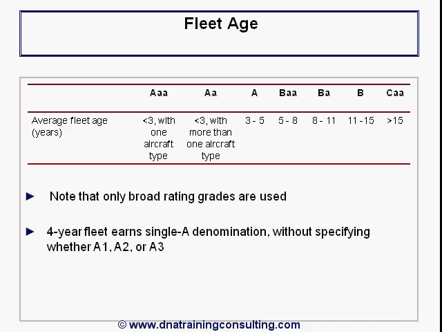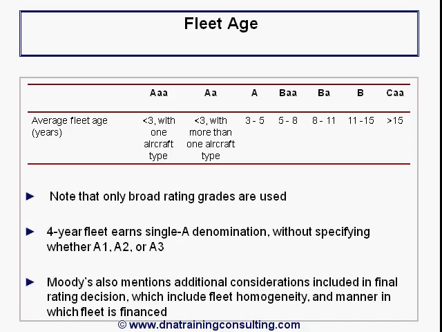Moody's also mentions with regard to fleet composition a number of additional considerations that are not included in the fleet age measure, but are considered in the final ratings decision.